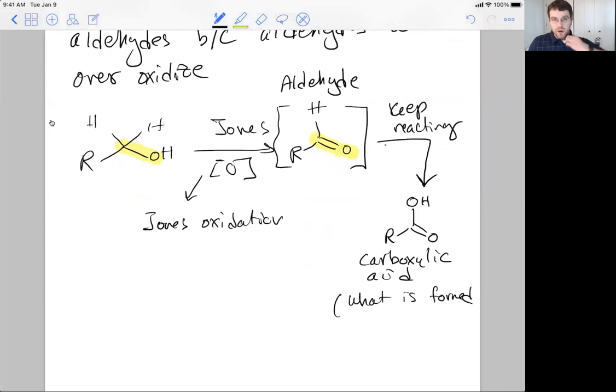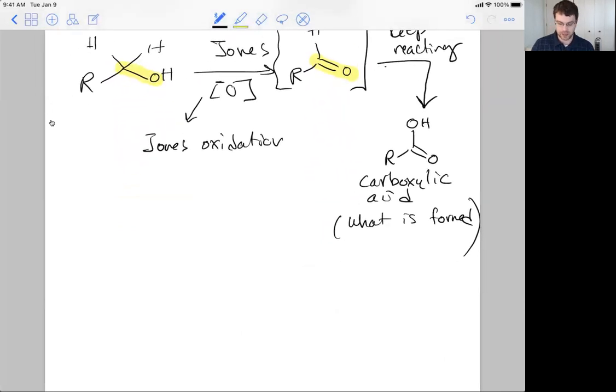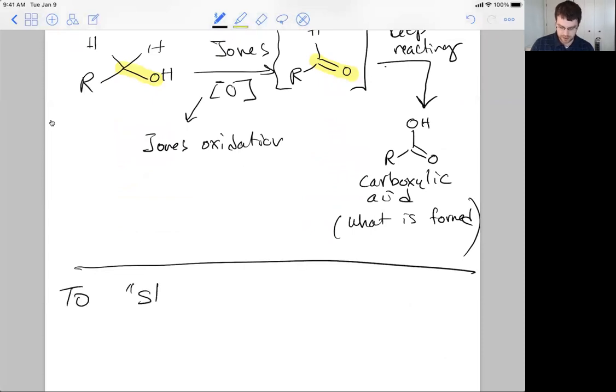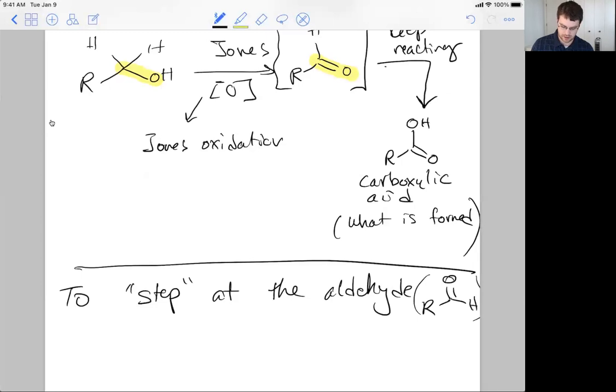This is quite interesting, because how do we then stop at the aldehyde? Okay, that's an important question. Well, we use an alternative reagent. So to stop at the aldehyde, and an aldehyde, remember, is a carbonyl with a carbon group on one side and an H on the other side, we want to use PCC.